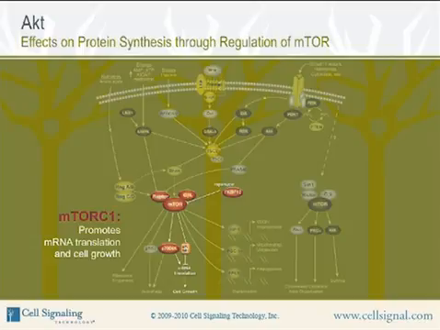AKT signaling activates mTORC1 and thus promotes protein synthesis through inhibition of TSC2 and PRAS40, both of which downregulate mTOR activity.